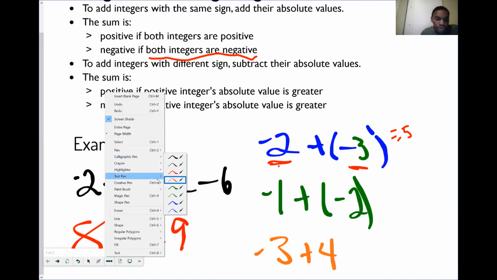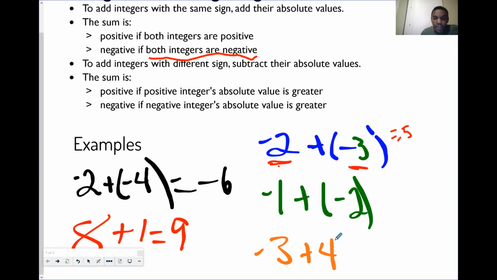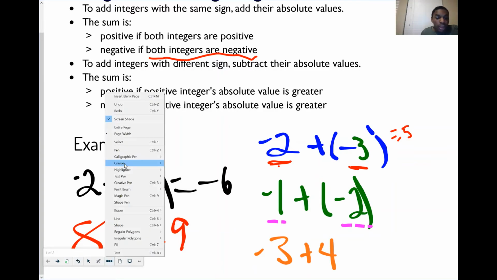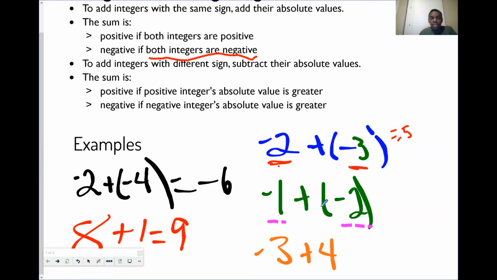So negative 1 and negative 2. Which will be what? First, add up first, which will be 3. So is it a negative or a positive?